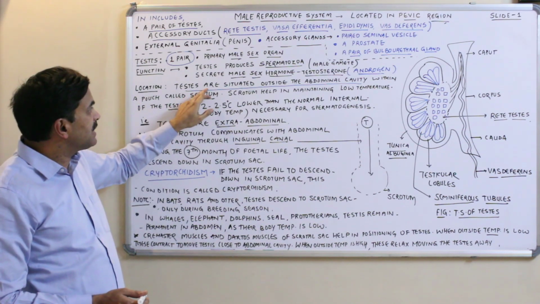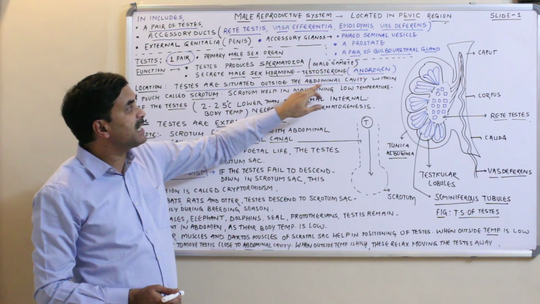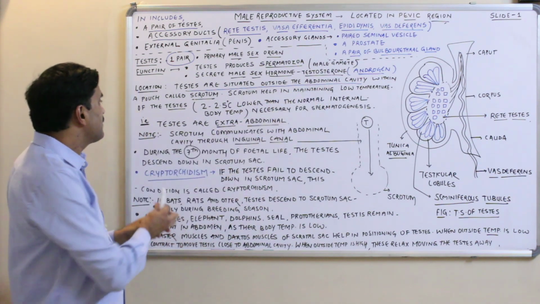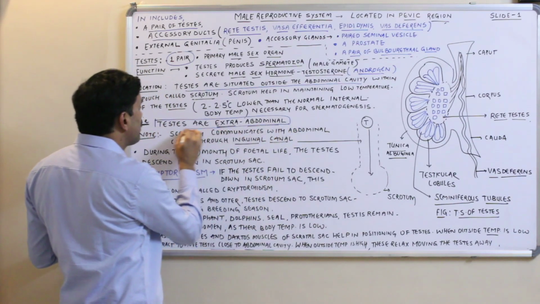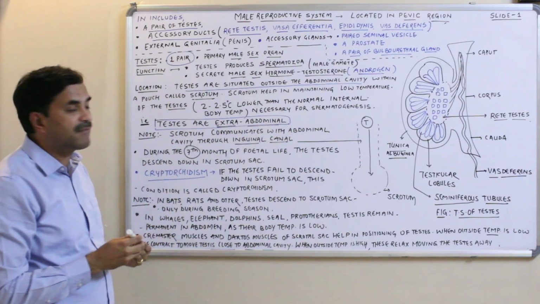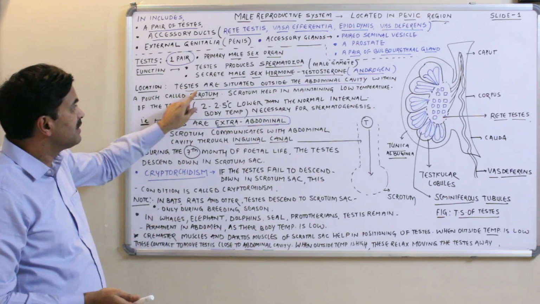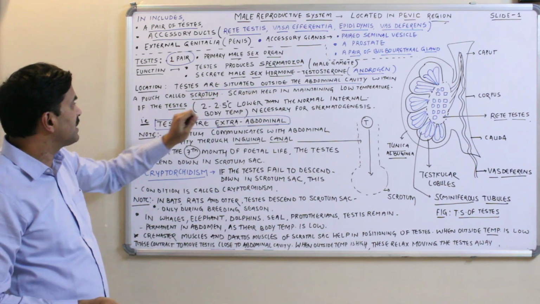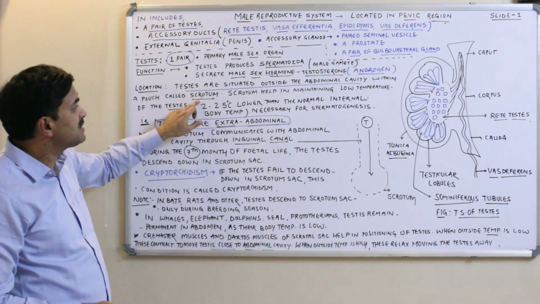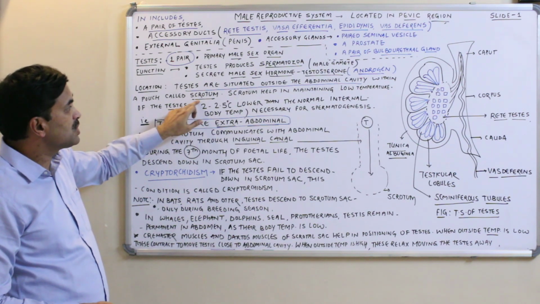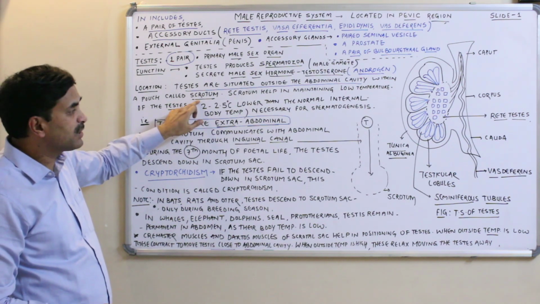But the testes are situated outside the abdominal cavity, which means we will say that testes are extra abdominal. Extra abdominal means they are found outside the abdominal cavity, within a pouch called the scrotum sac.